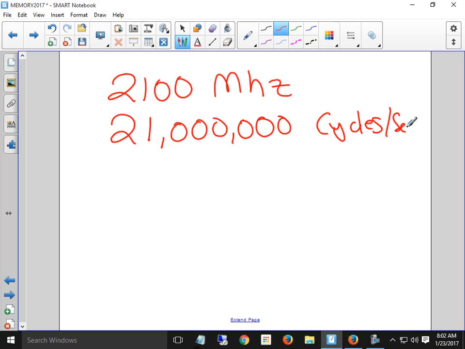Well, what does that mean? Does that mean it writes at 2100? Wait, I didn't write that up right. That's 21 million, I missed some zeros. 2.1 billion. There you go. Okay, so it does 2.1 billion cycles per second.